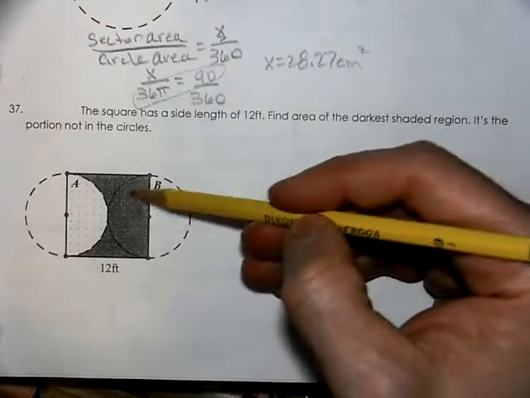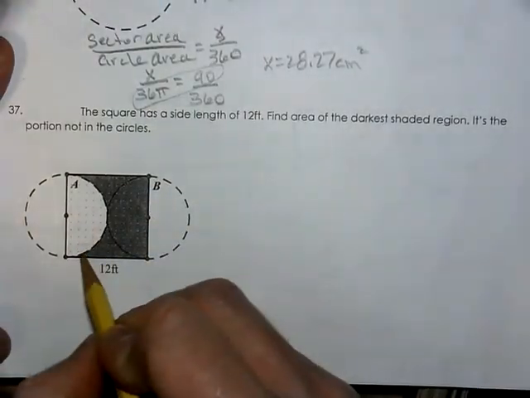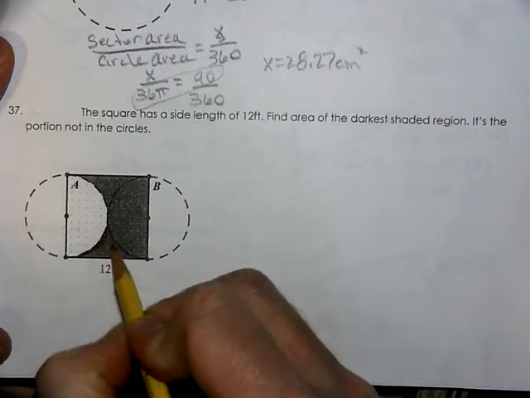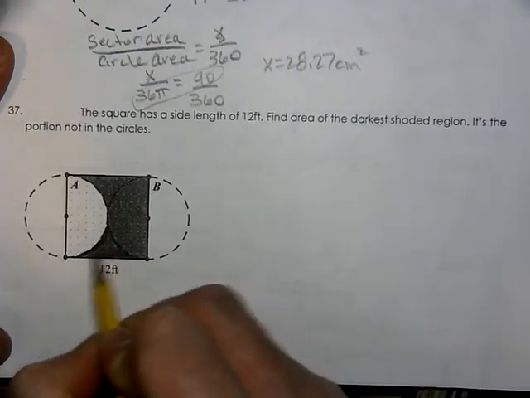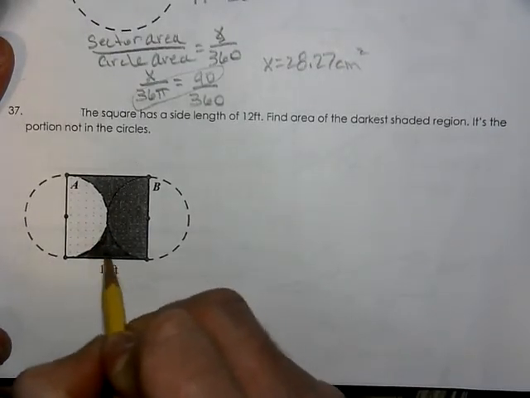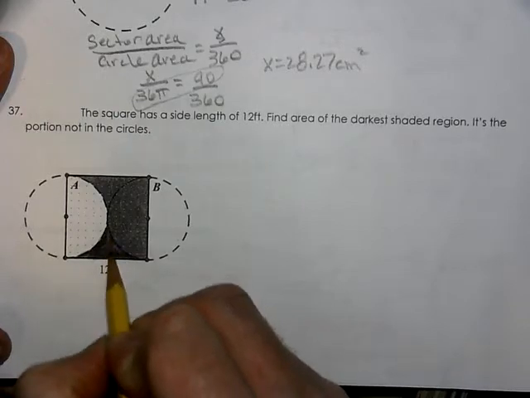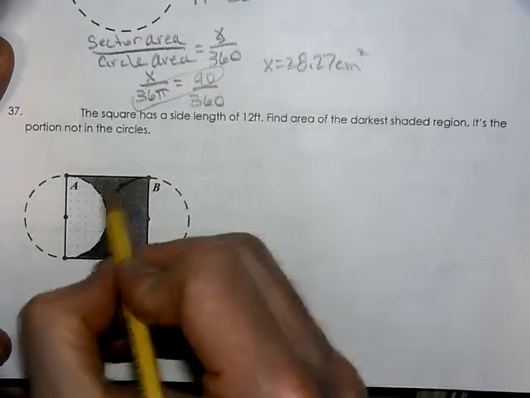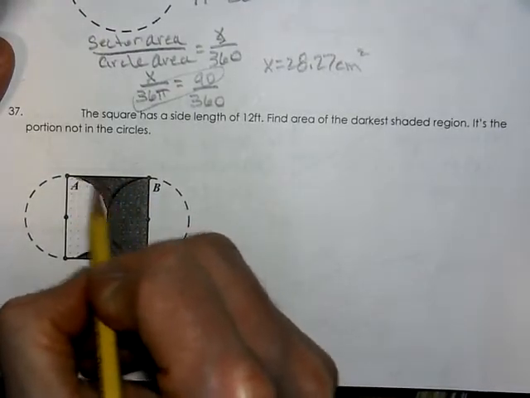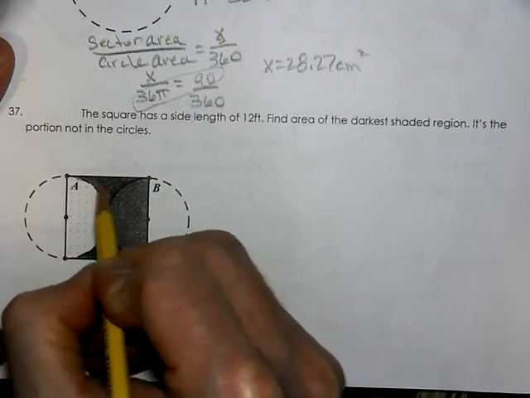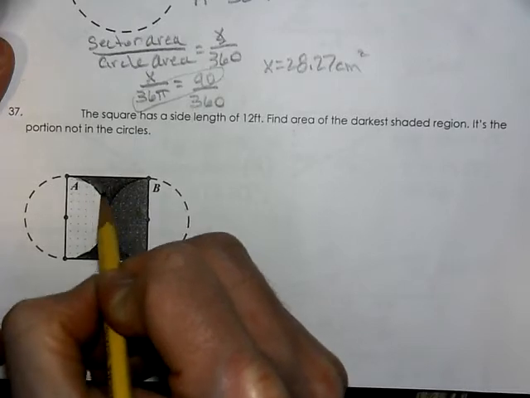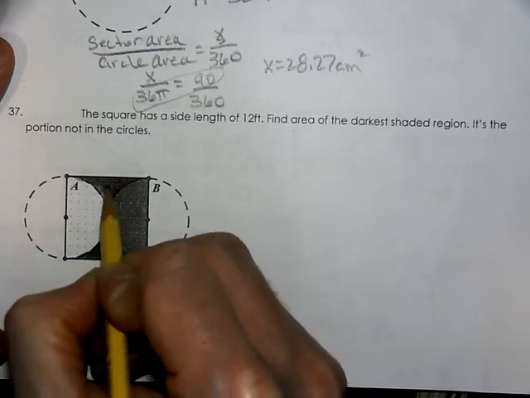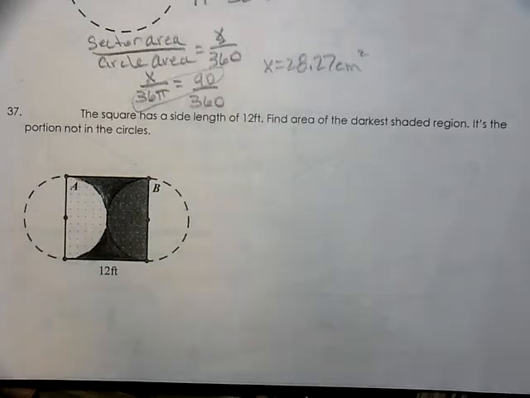Right now it looks like this portion is in the circles, but we're going to work on just figuring out the portion down here and the portion up there. That's really what it was expected to do. But I'll explain how we could find the other one also.